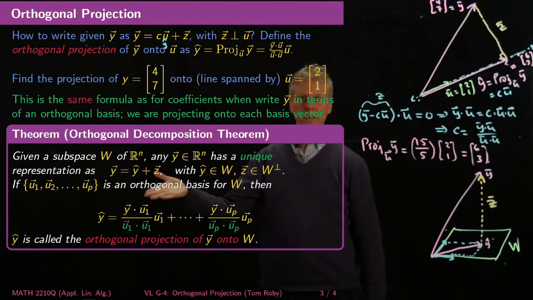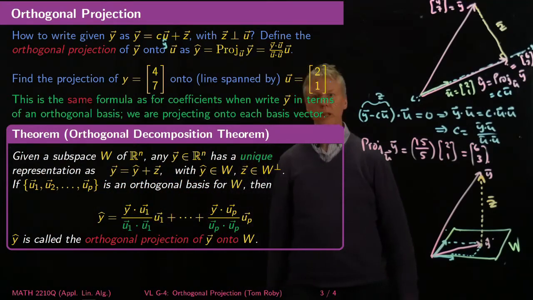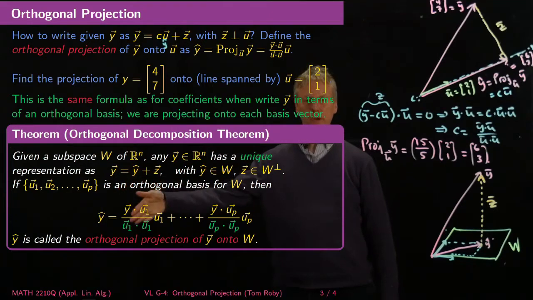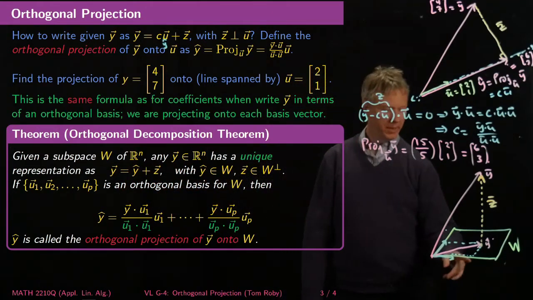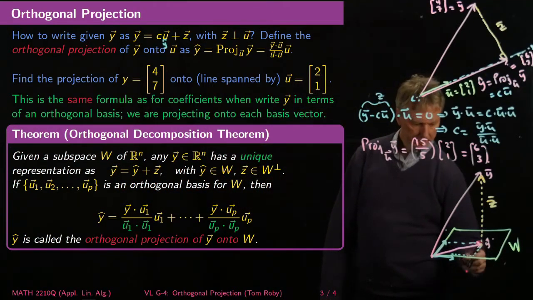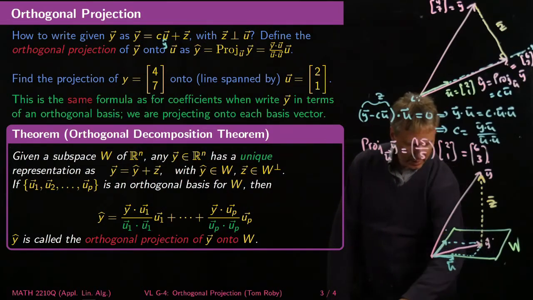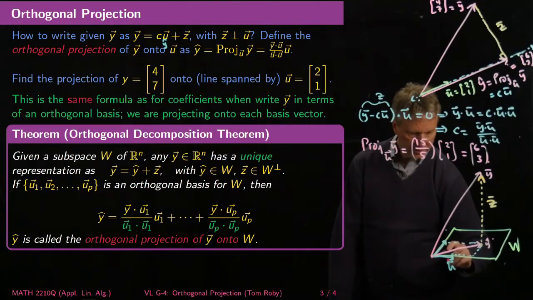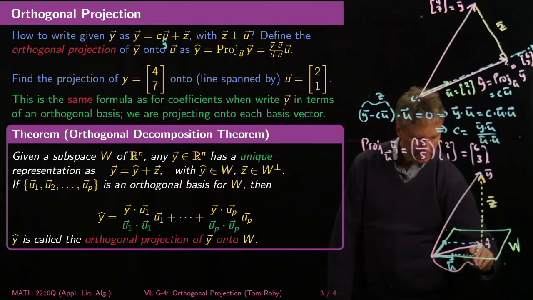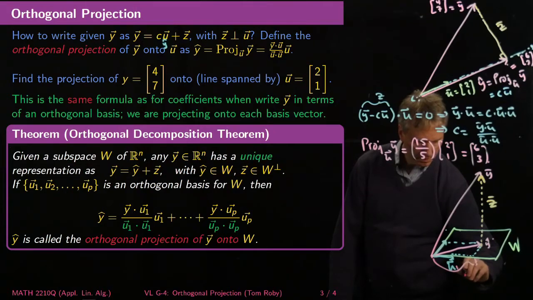If I have an orthogonal basis for W, then that usual formula applies, except I have to do it for each basis vector. So for example, if this is u1, then this length here is y dot u1 over u1 dot u1, right?